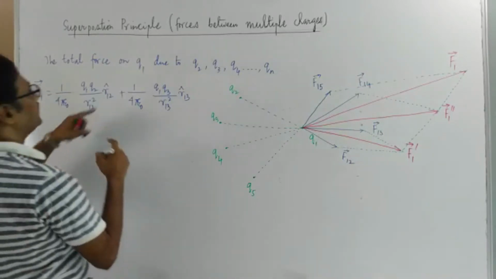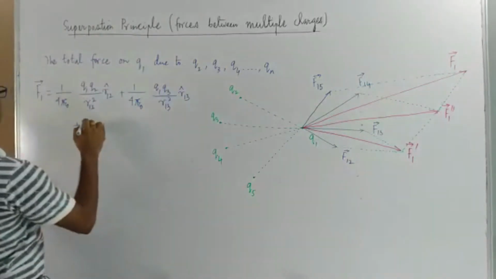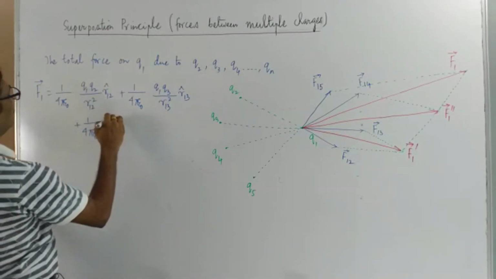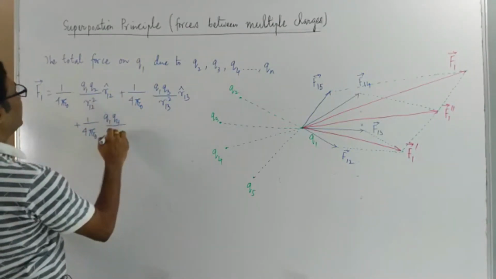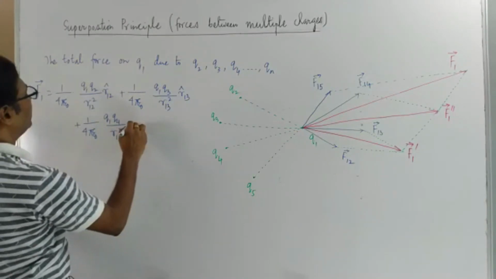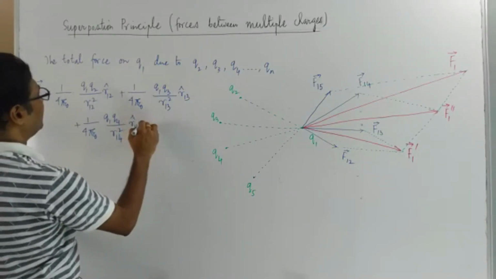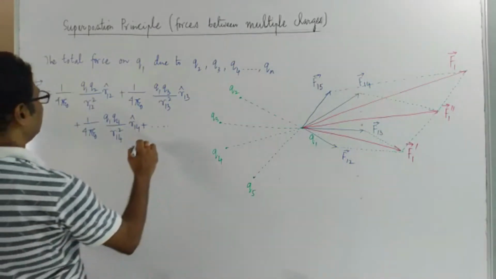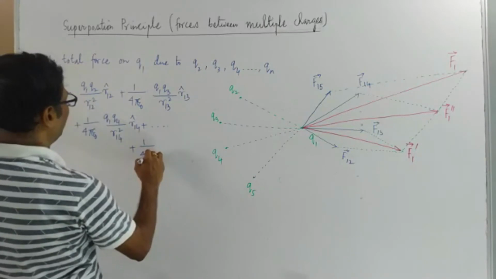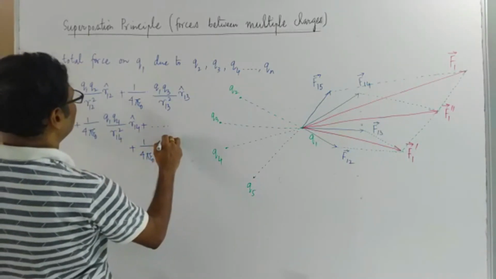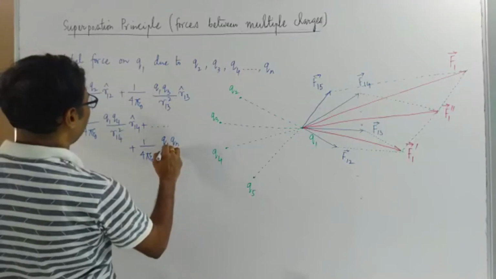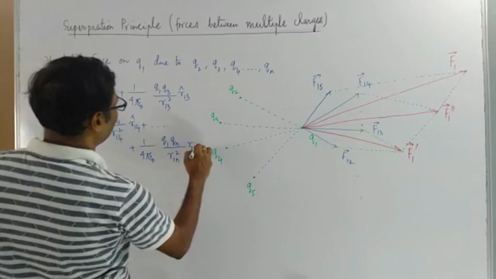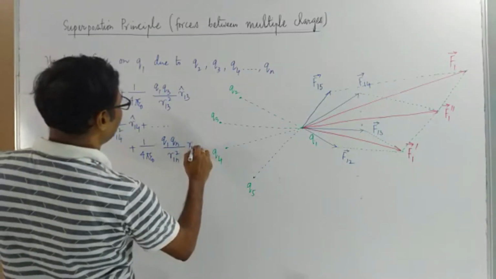Third force, that means Q1 and Q4, that is 1 by 4 pi epsilon 0 Q1 Q4 divided by R14 square R14 cap, and it continues. Say I am considering the last term, that will be 1 by 4 pi epsilon 0 Q1 Qn divided by R1n square R1n cap.